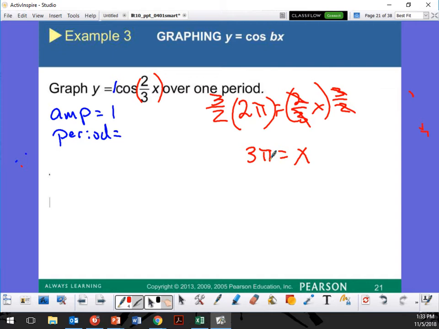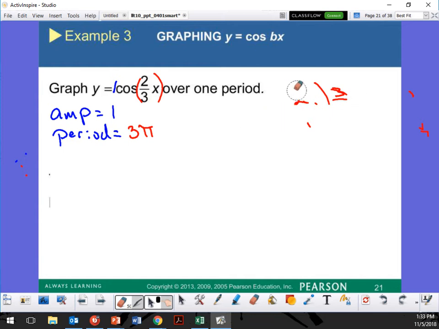So my period now is going to be 3 pi. Do you recall what a period actually is? Because we're talking about periodic types of functions, they repeat.